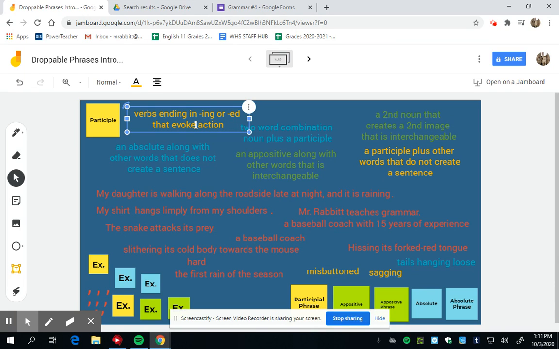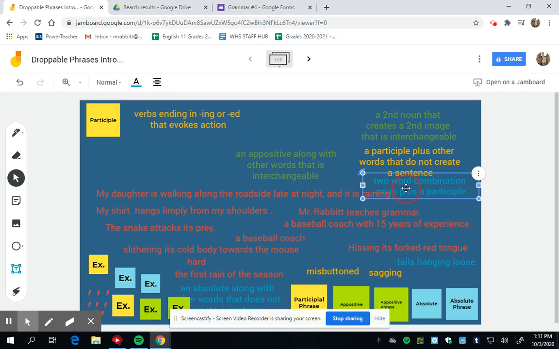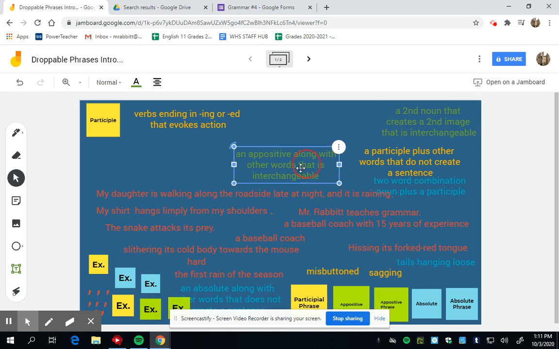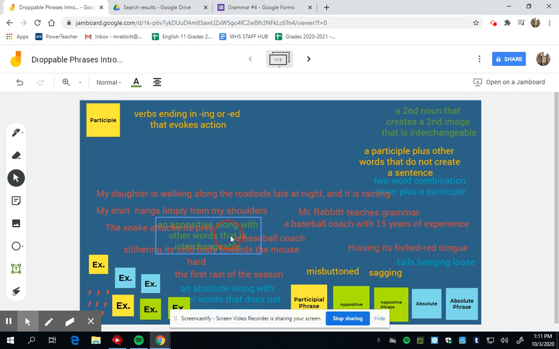Now, be very, very careful with this because there's going to be sometimes irregular verbs, but we're not going to spend time where they don't end in ing or ed, but they are past participles or present participles. But in this case, we're just going to focus on ing or ed ending. So let's move this down here. Let's move this a little bit.